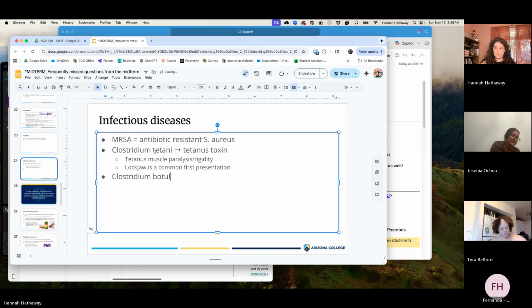Yeah. So Clostridium botulinum releases the botulism toxin, which causes botulism. Botulism toxin is also the same thing as Botox.